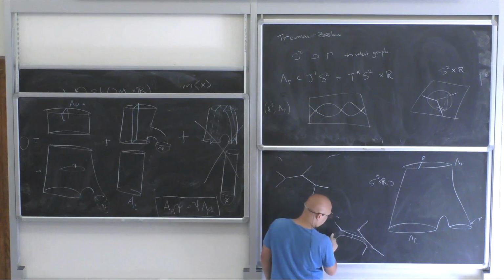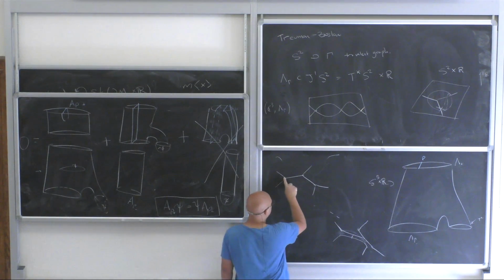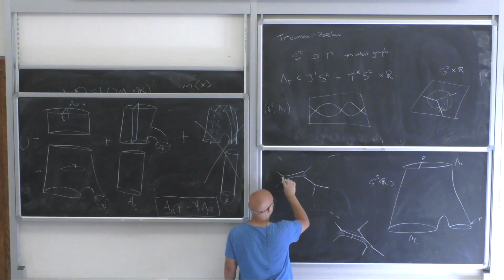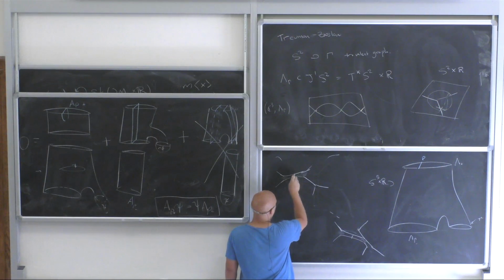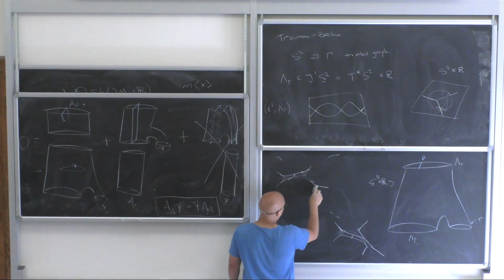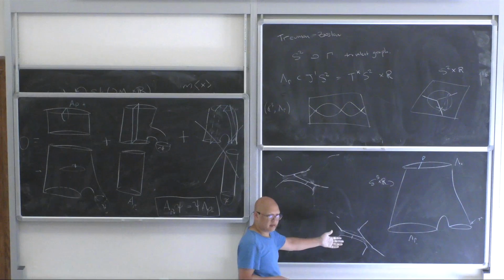So I wind up with this. And now let's do it the other way. I shrink first this one, and then this one. What am I doing? No, other way around. So it's just a different graph.